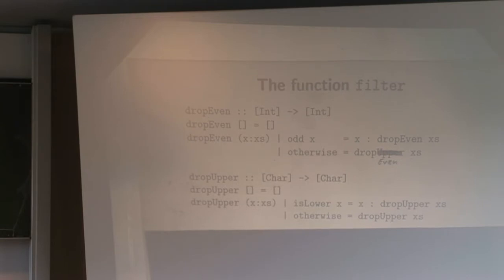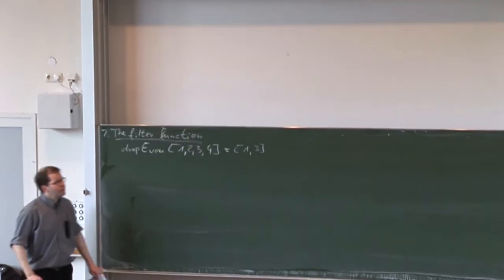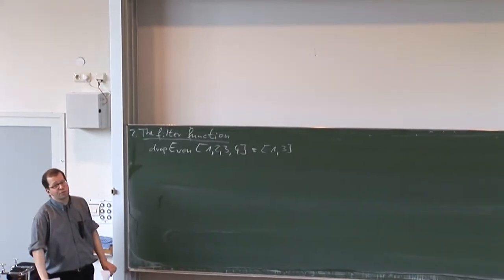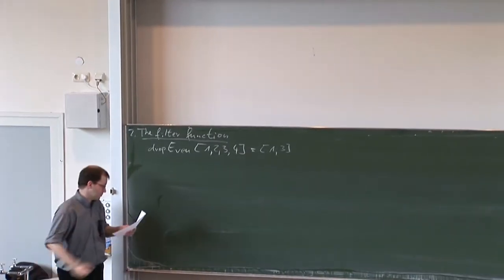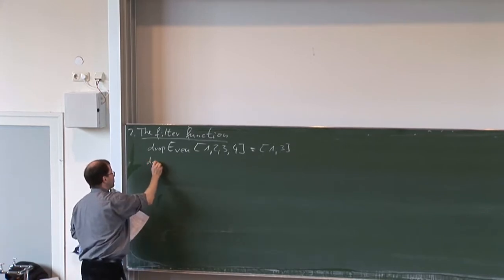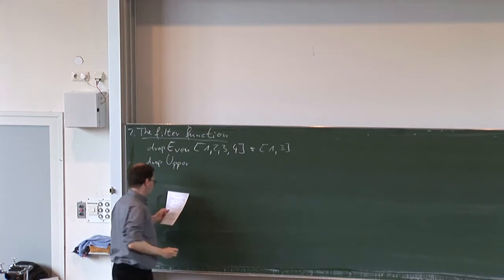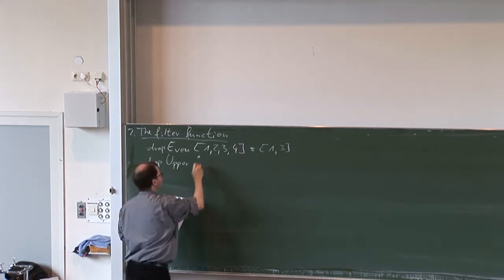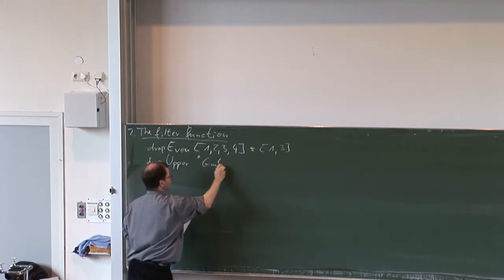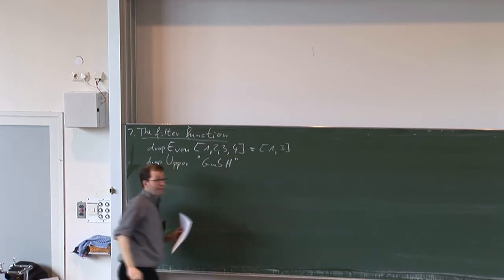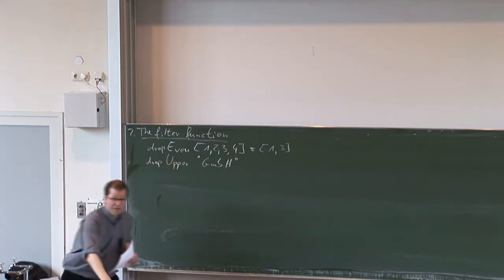Now the function drop upper does something completely different. Drop upper takes a list of characters, so it takes a string, and it drops the uppercase symbols from the string. So it only keeps the lowercase symbols. So here's an example. So if you give the following argument, so in German, GmbH has a certain meaning.